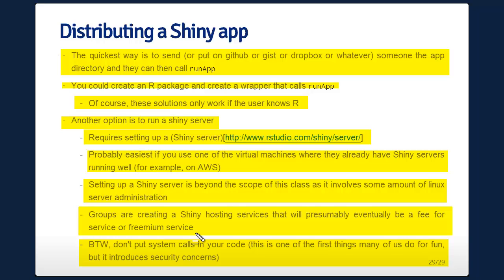But it introduces a lot of security concerns, and it's not really the intention. Shiny is really for deploying statistics apps, not for running generic server-side scripts with R as the intermediary. Of course, why would it? There's already things to do that.